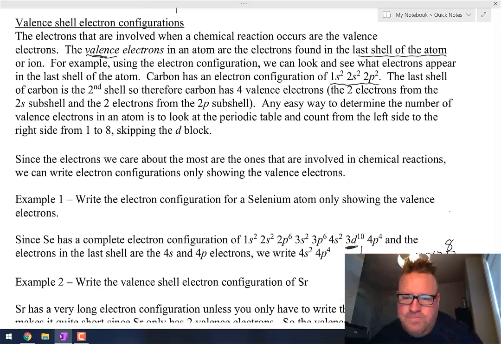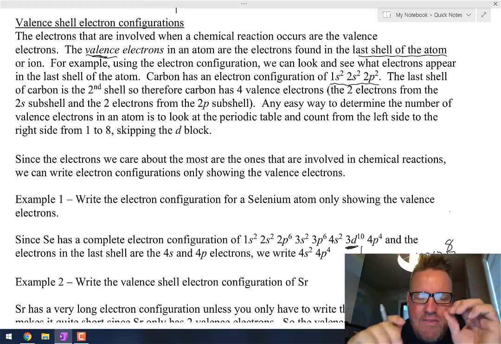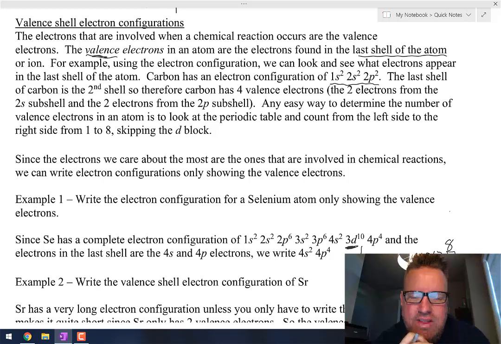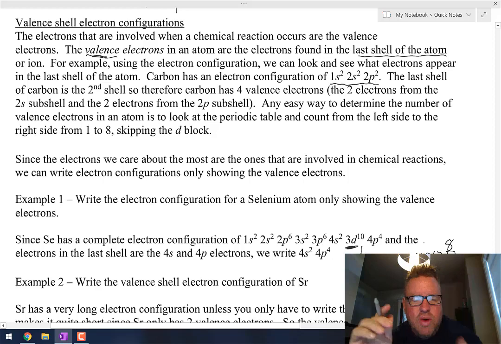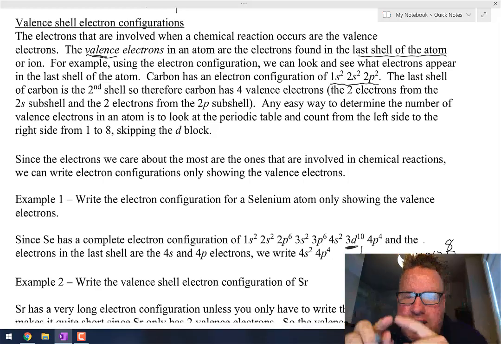An atom can have a maximum of 8 valence electrons, not any more than that. And how do you know? You simply look at the periodic table. Selenium is right here. How many does it have? It has 6 valence electrons. Aluminum's right here. How many valence electrons does it have? It has 3. So whatever column it is, from 1 to 8, that's the number of valence electrons that atom has.